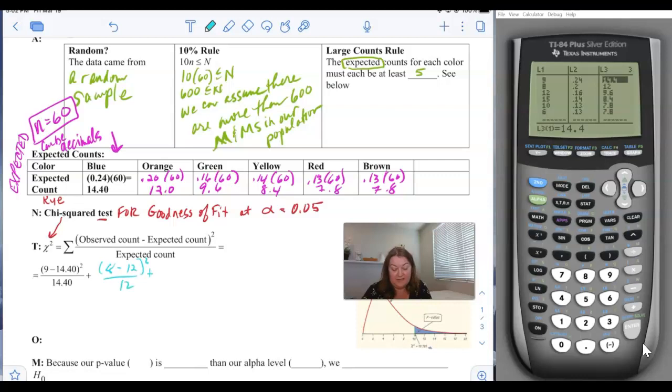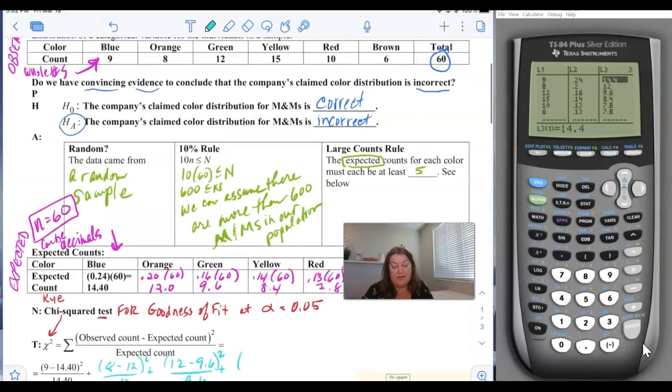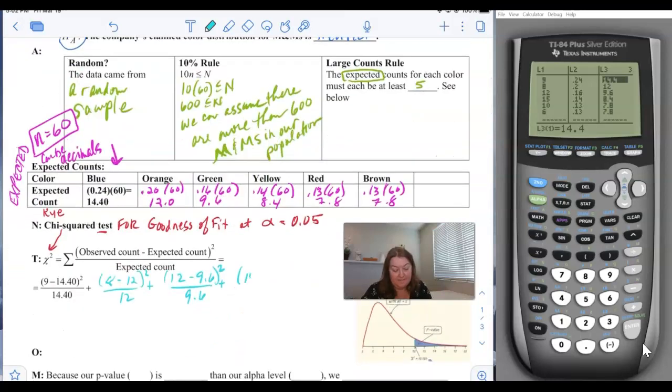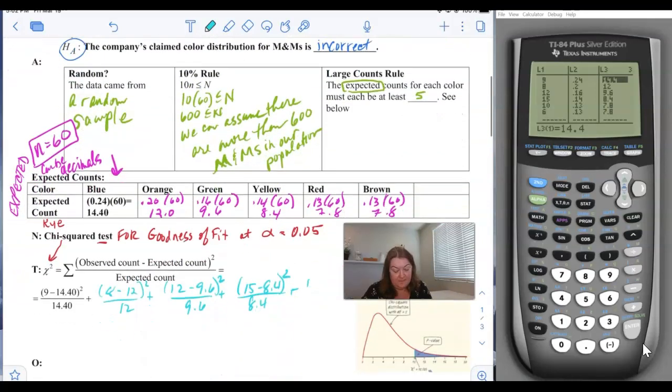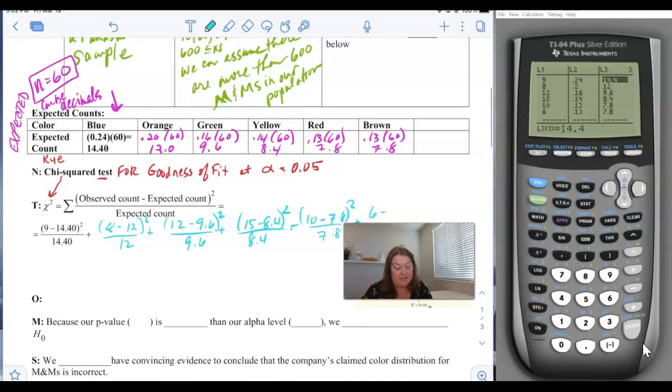And the next one after that is 12 minus 9.6 squared over 9.6. The next one is 15 minus 8.4 squared over 8.4. Next one is 10 minus 7.8 squared over 7.8. And our last one is 6 minus 7.8 squared all over 7.8.